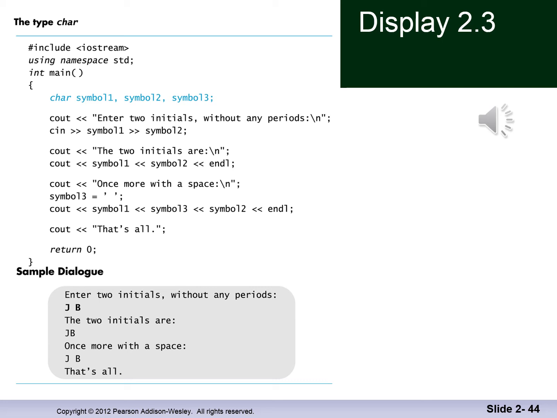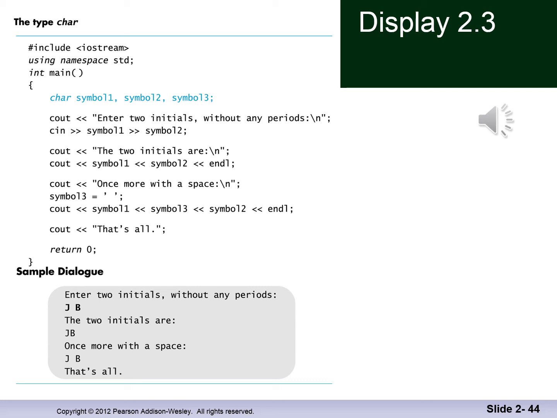So then, cout once more with a space. We initialize symbol3 as a space. It's a single char, so you've got the single quotes. Now, cout, symbol1, symbol3, symbol2.